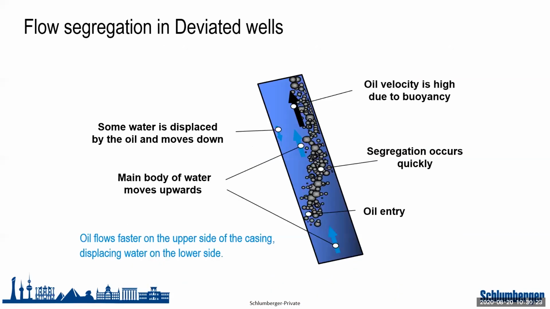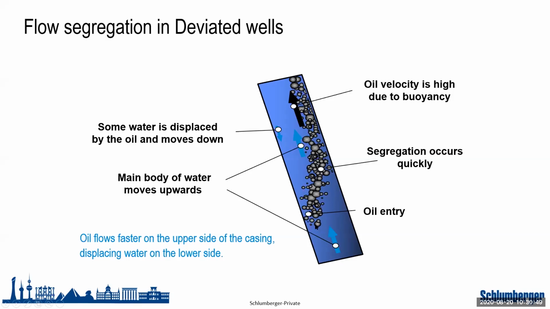Now, there are some complications that will affect how the spinner will rotate. And the complication starts as your well starts becoming deviated. Why? Because as we see over here in the picture, we have over here an oil entry and we have water coming from the bottom, yeah? So the main body of water is coming upwards.